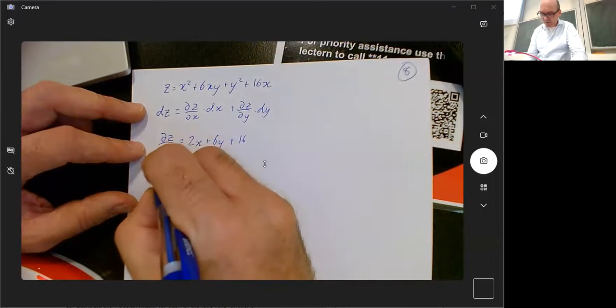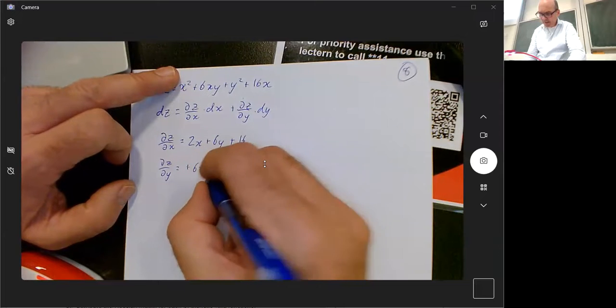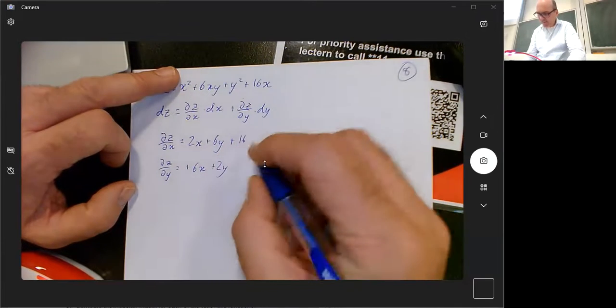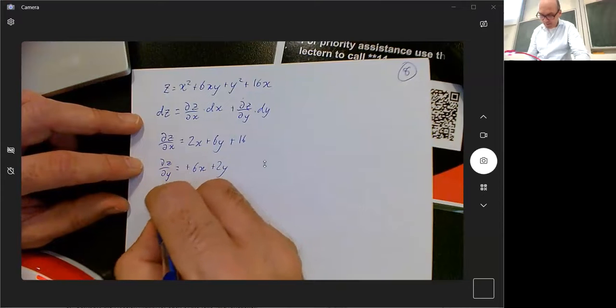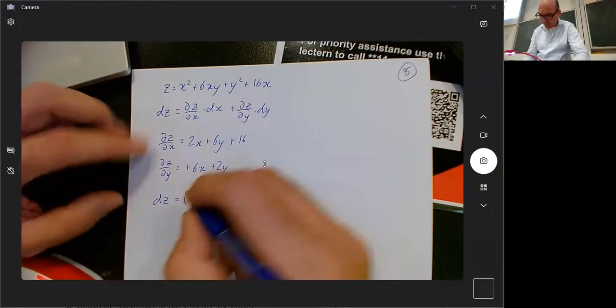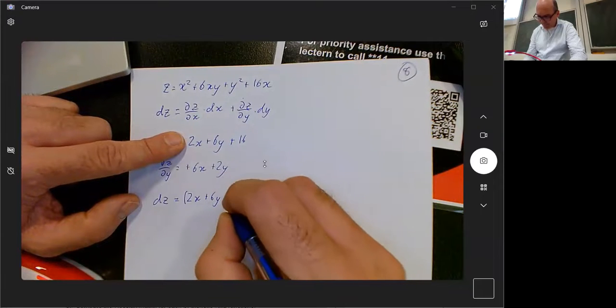Partial of z with respect to y, same sort of thing: that's 0 plus 6x plus 2y. So my total differential, my dz, is going to be equal to, I'm going to put this in brackets. It's really important to remember the brackets for this sort of thing.